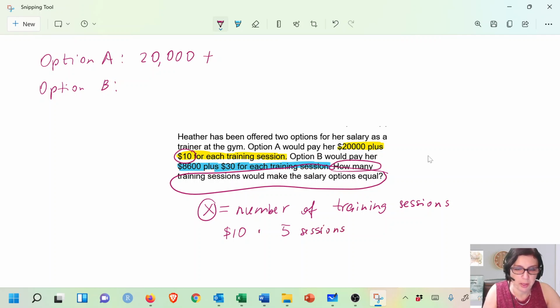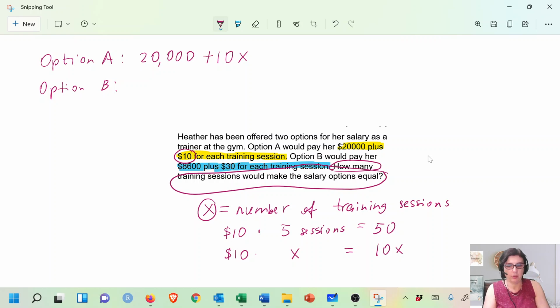You multiply these, 10 times 5, that's 50. If you have $10 per session and X sessions, how much money will you get? 10x, because you multiply them. So that's going to be over here, 10x.